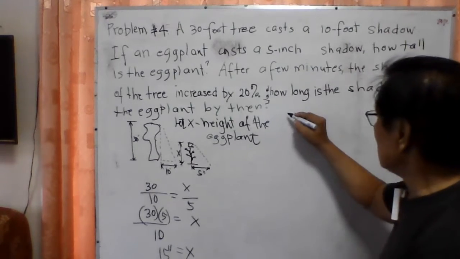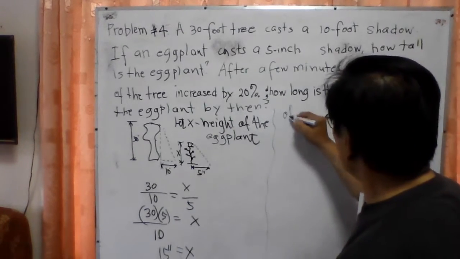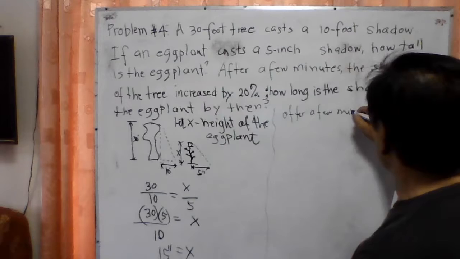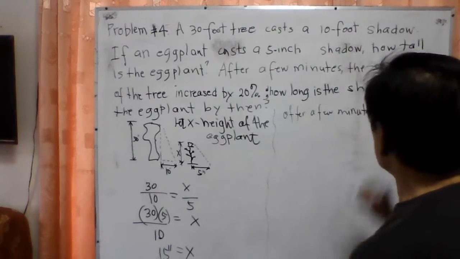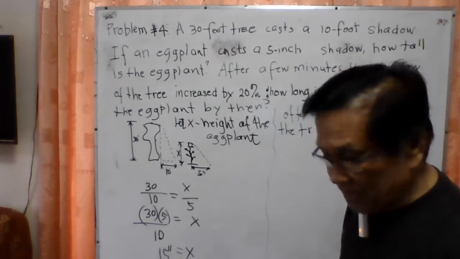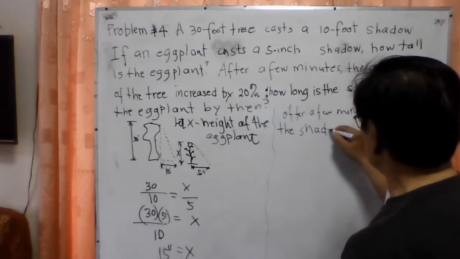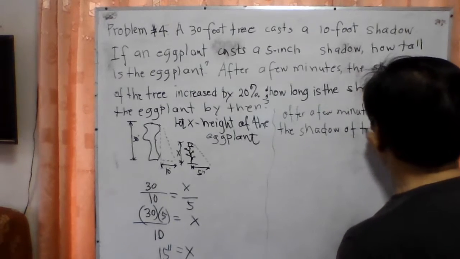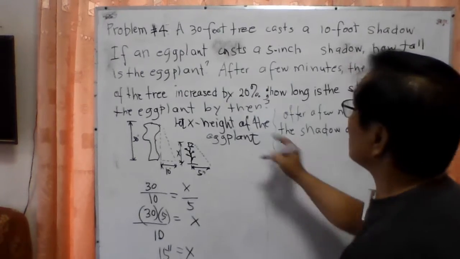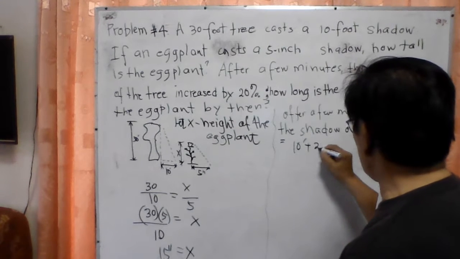So, after a few minutes, the shadow of the tree equals 10 feet plus 20%.